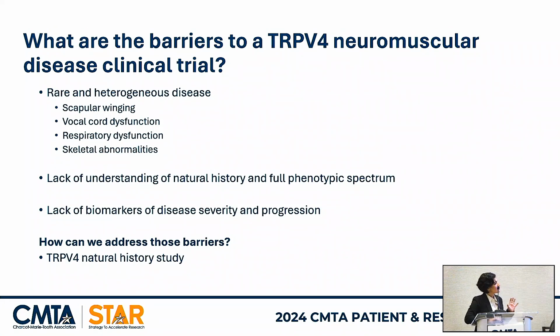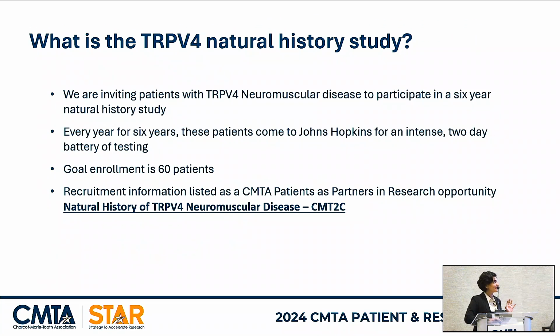And so to try and address these barriers, at Johns Hopkins, we're currently conducting the TRPV4 natural history study. So as part of this natural history study that's currently unique to Johns Hopkins, we're inviting patients with established TRPV4 neuromuscular disease who might live anywhere in the United States to fly to Johns Hopkins to participate in this 6-year natural history study.